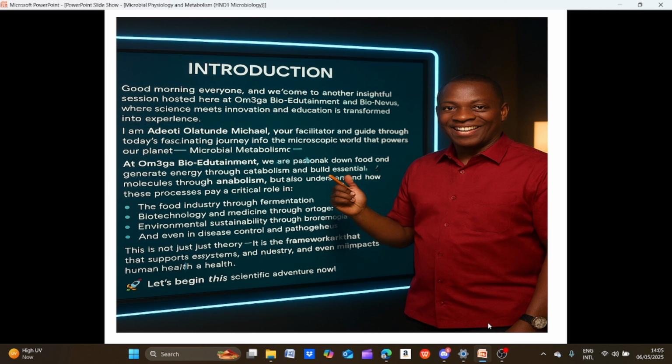Then we'll move on to microbial biosynthesis, which is anabolism. After that, we will look at how we can integrate both catabolic and anabolic reactions together, that is, the metabolic network. Then we will also look at the main points of this lecture.